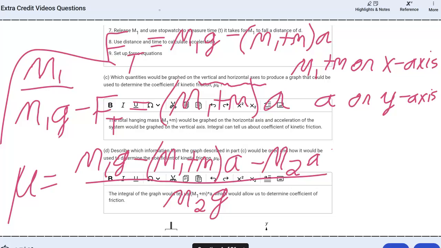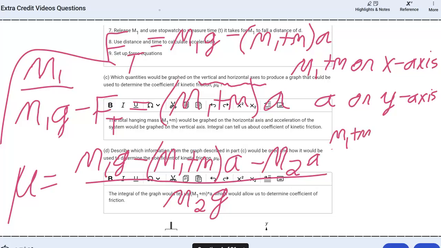Okay, and I would do this because by doing this, we could take the integral of this graph, and the integral of this graph, the area under the curve, would be M1 plus M times a.